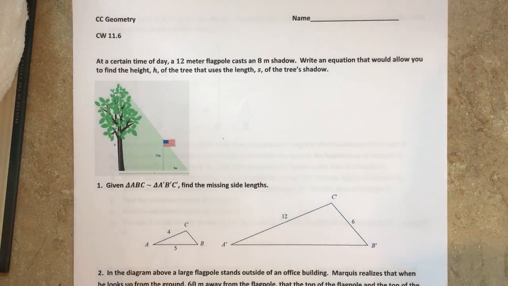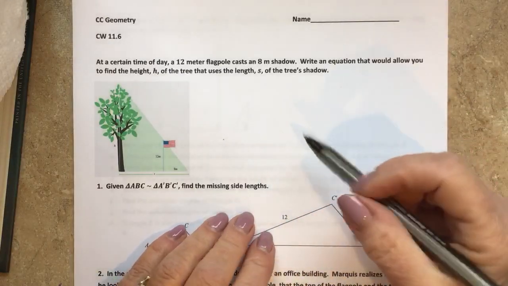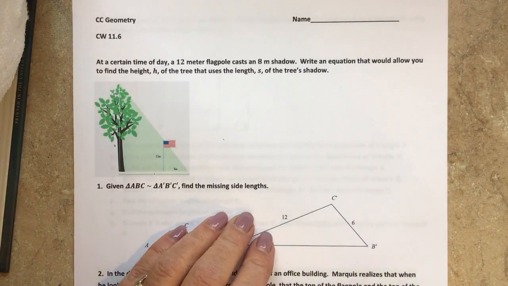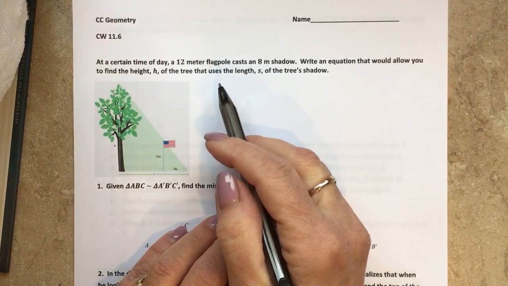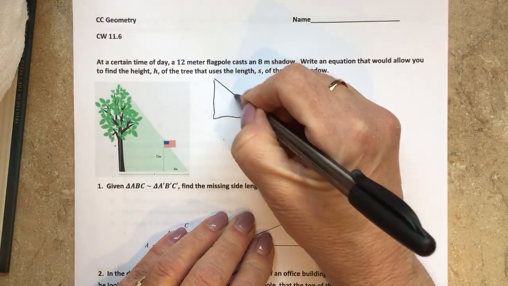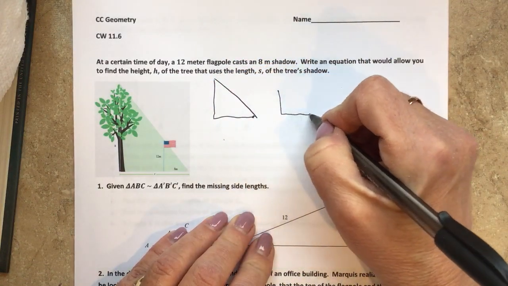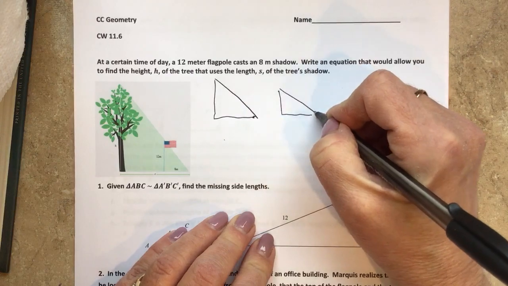All right, so if we look at the first one, we can see that the diagram contains two triangles. All right.